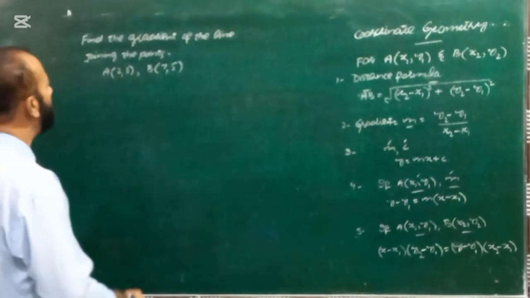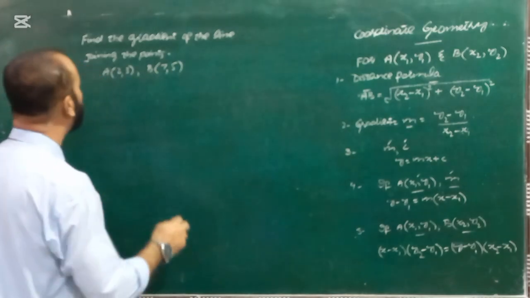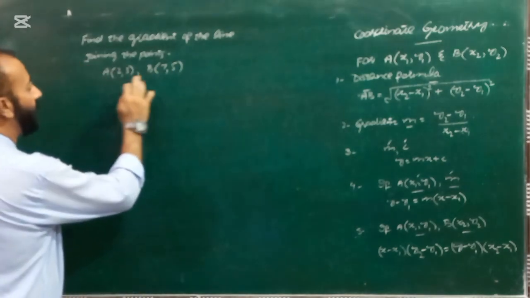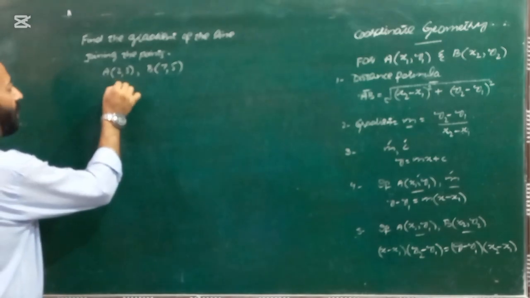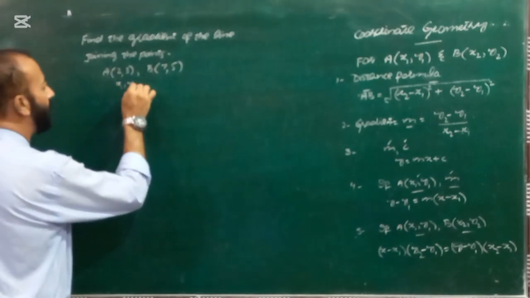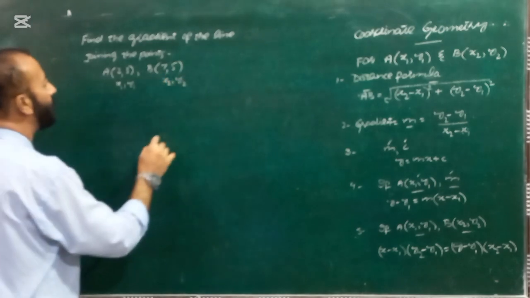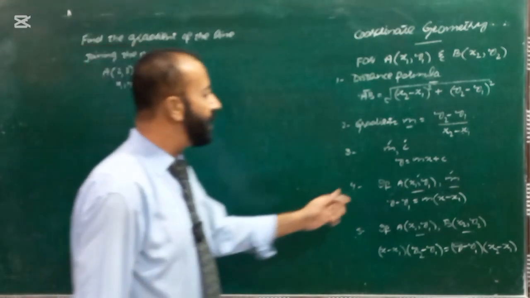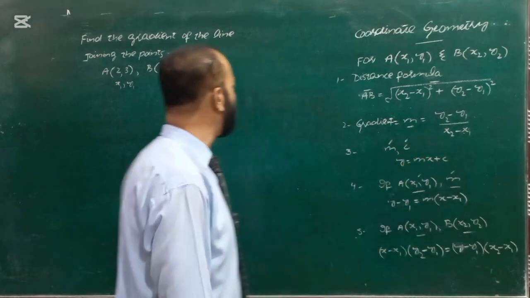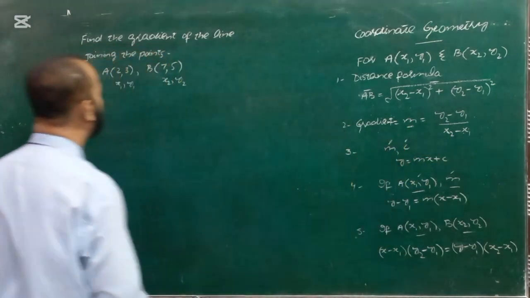Here is a question. The statement is: find the gradient of the line joining the points A and B. You may call the first point x1, y1 and the second one x2, y2. The formula for finding the gradient is y2 minus y1 over x2 minus x1. You know gradient is represented by m.